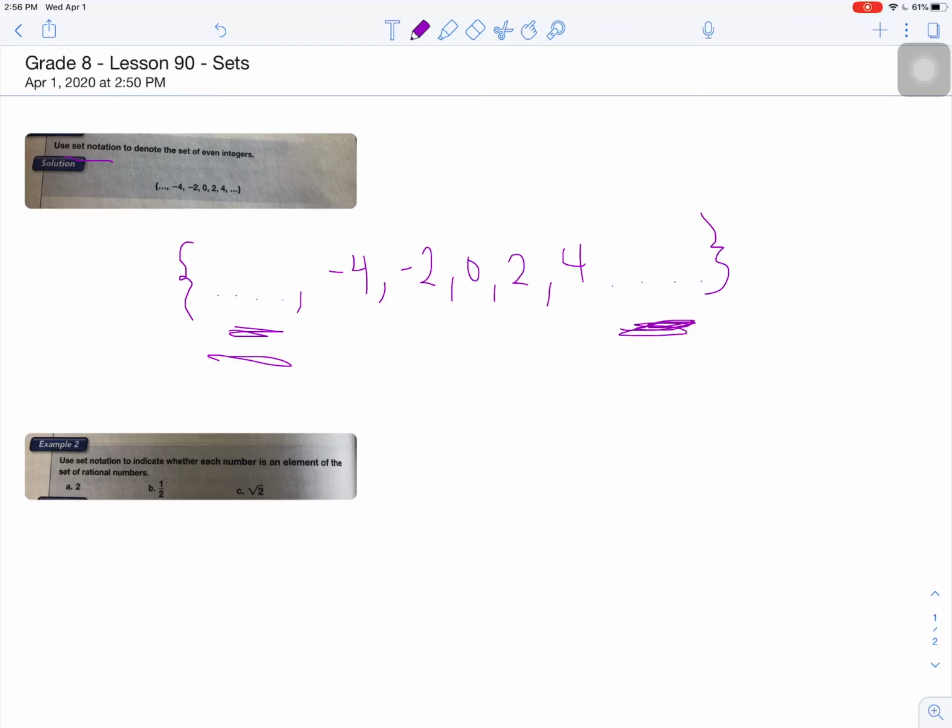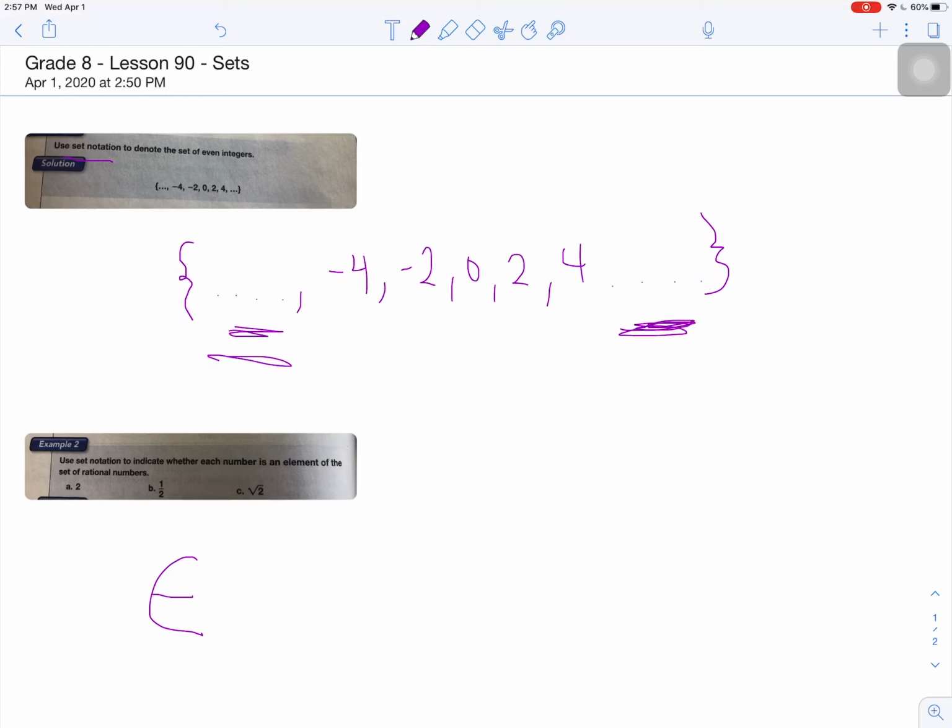Okay, so when we move on, example 2 talks about something slightly different. It says use set notation to indicate, that's different, to indicate whether each number is an element of rational numbers. Now, element is shown using a rounded E. So when you're using a rounded E, that's what an element is.